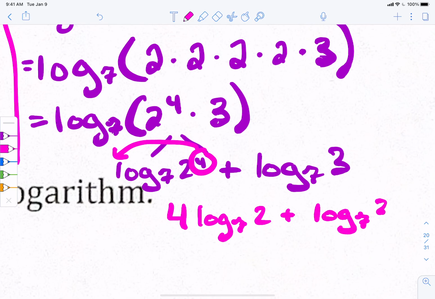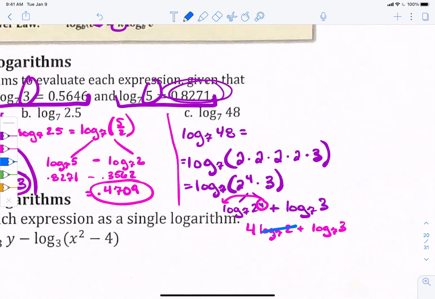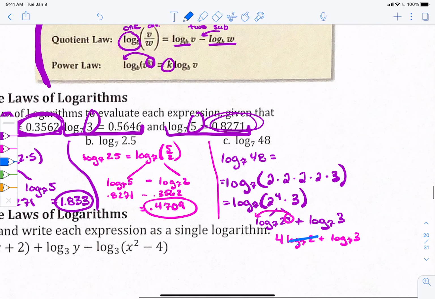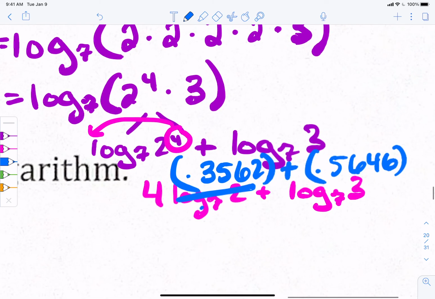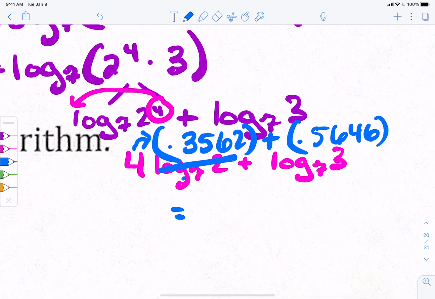Does that make sense? Now all I have to do is take log base 7 of 2, which is 0.3562, plus log base 7 of 3, which is 0.5646. So take 4 times this number and add it to that number. Does that make sense? Yeah.